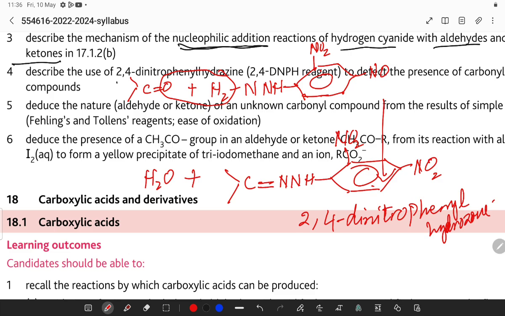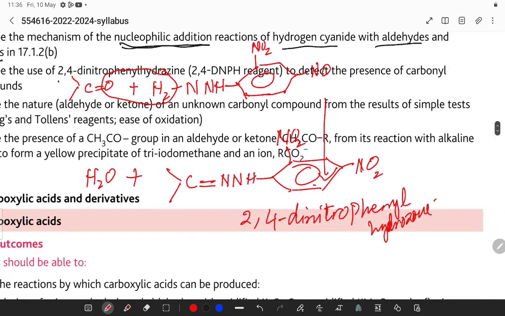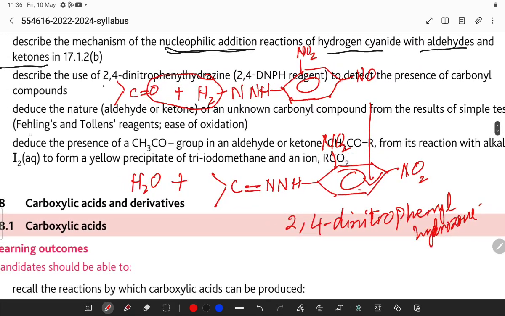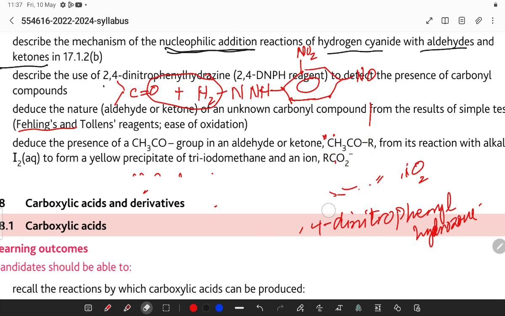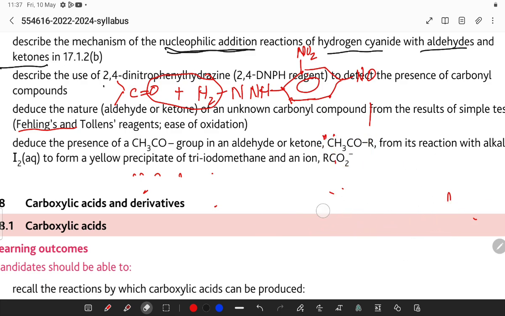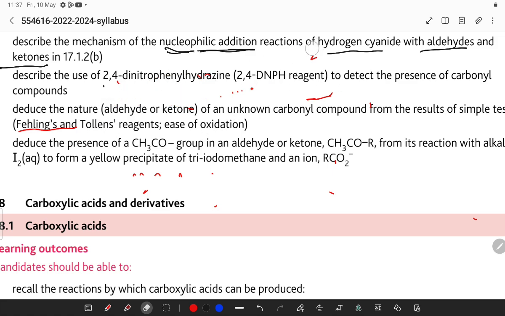Deduce the nature of an aldehyde or unknown carbonyl compound from the simple test with Tollens' reagent. Tollens' reagent is a mild oxidizing agent, and this will confirm whether an aldehyde or ketone is present in the carbonyl compound. If a silver mirror or gray-black precipitate is formed, then it identifies that it is an aldehyde.